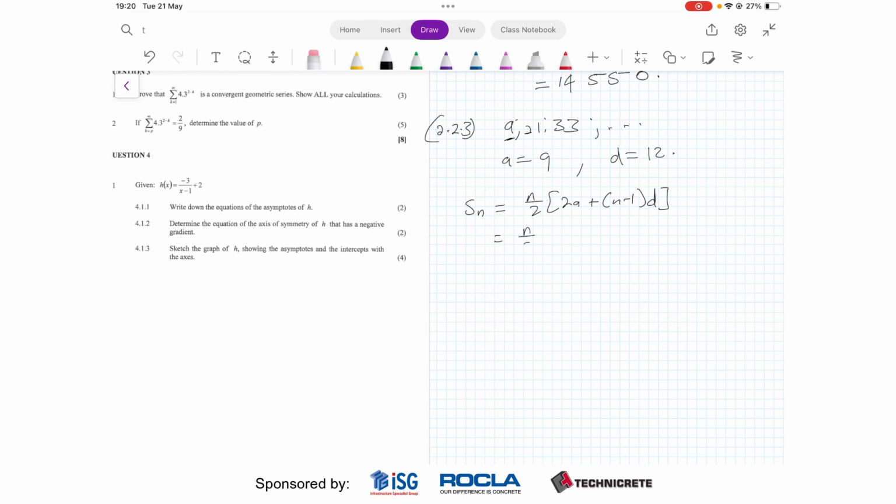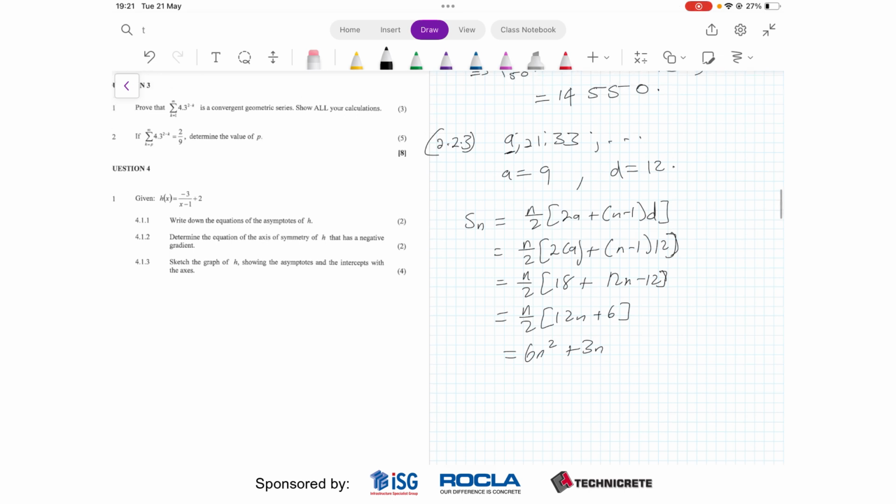Now this will be n over 2 into 2 times 9 plus n minus 1 multiplied by 12. That will be n over 2 into 18 plus 12n minus 12. And finally, we have n over 2, 12n plus 6, which simplifies to 6n squared plus 3n.